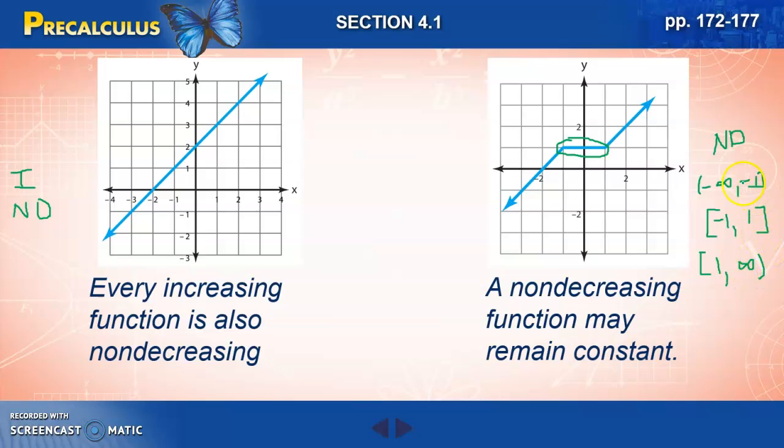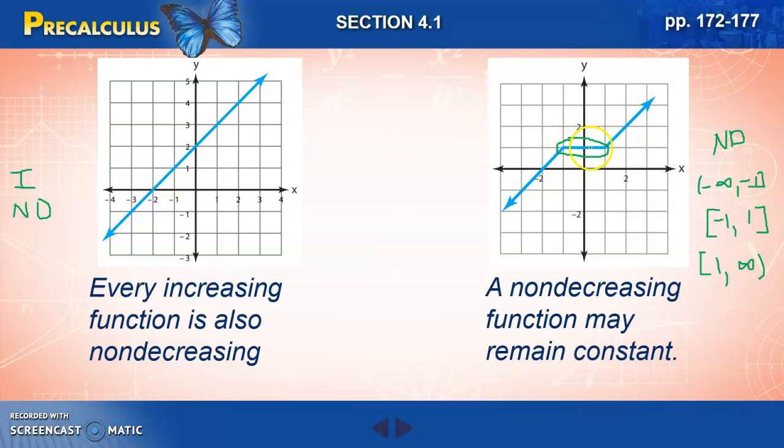So look at this first interval, negative infinity to negative 1. How would you describe that piece of the function? That piece of the function is increasing over the whole domain. What about this piece, negative 1 to 1? If we look at that function, it's not increasing, it's not decreasing, it's constant.